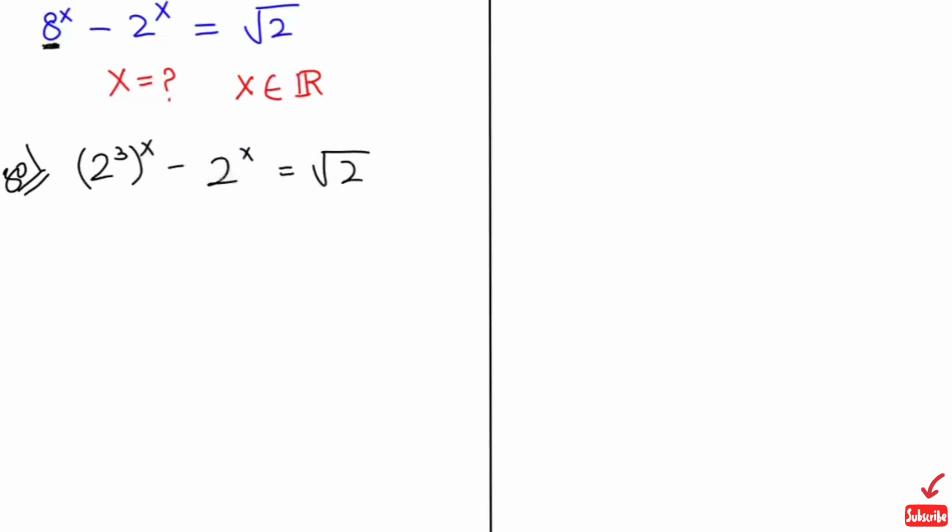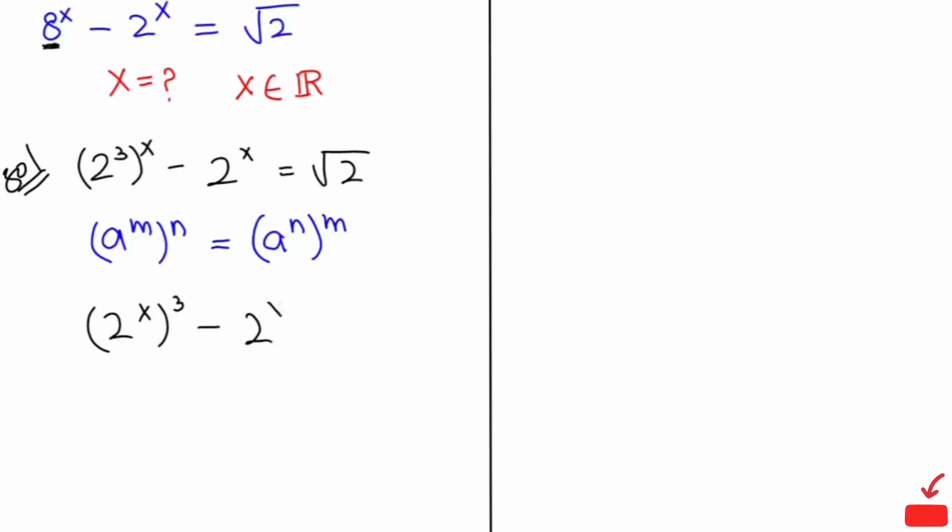Here, I will use the exponential rule: a to the power of m, whole to the power of n, can be written as a to the power of n, whole to the power of m. So this equation turns to 2 to the power of x, whole to the power of 3, minus 2 to the power of x is equal to root 2. We have 2 to the power of x common.